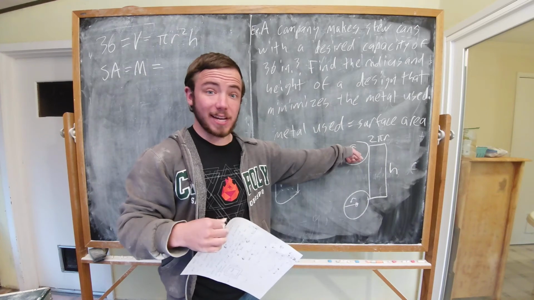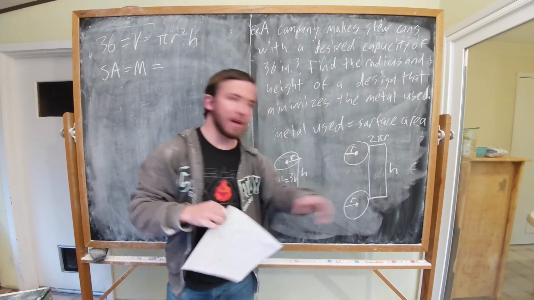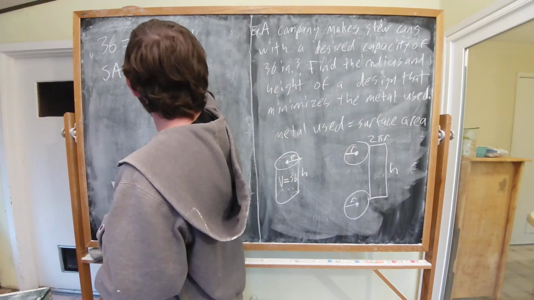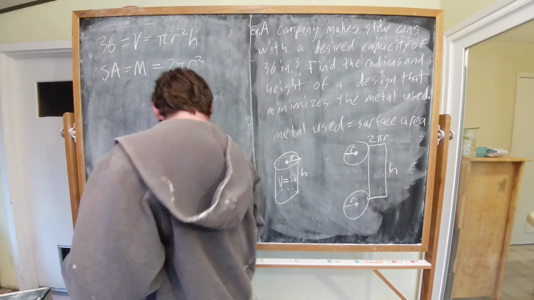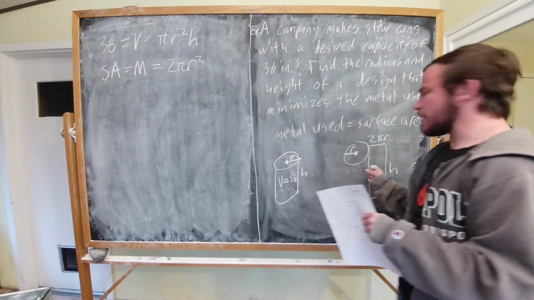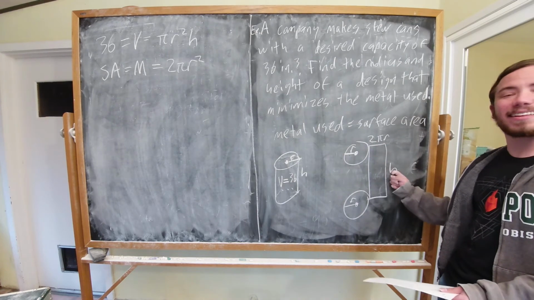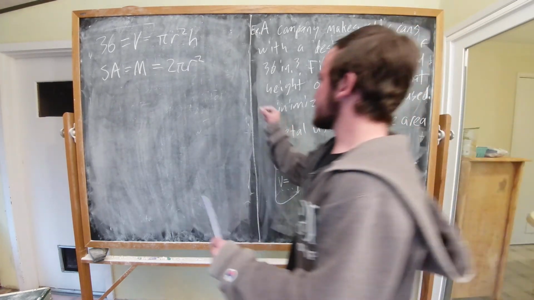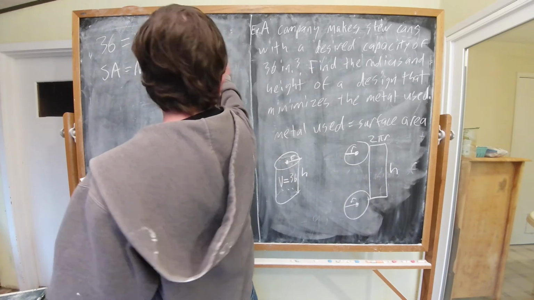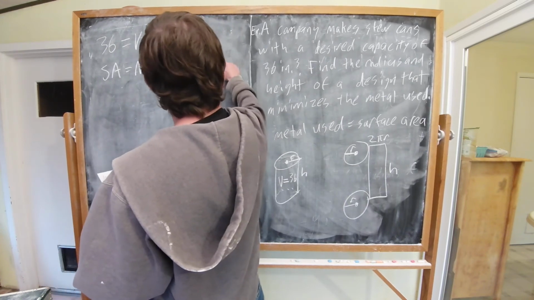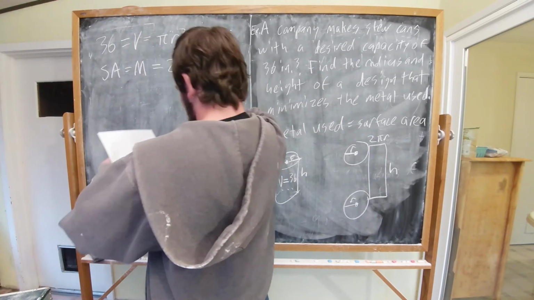Each of these circles has area pi r squared. There's 2 of them, so we get 2 pi r squared. Then we also have the area of this rectangle. Length times width. We're going to add on an extra 2 pi r h.